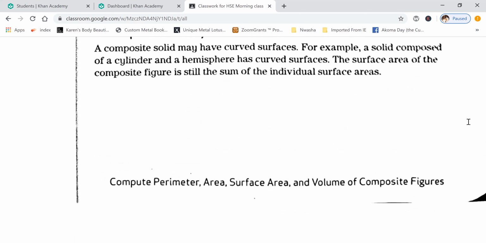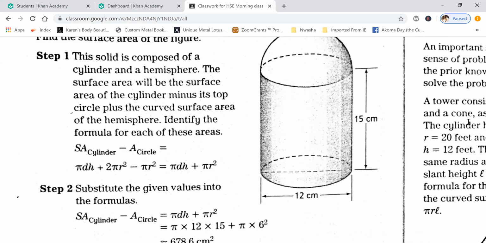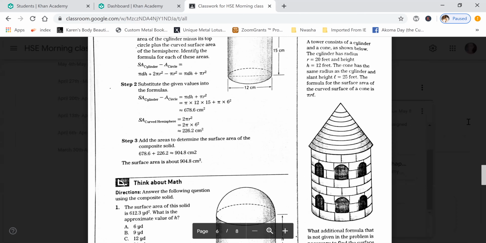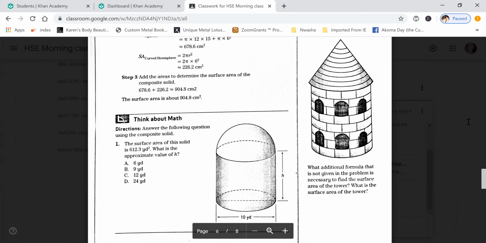So now this is the same with hemispheres and cylinders. That's where we are, looking at example number 6 right now. But we are going to do this Think About Math and this one in the margin tomorrow.